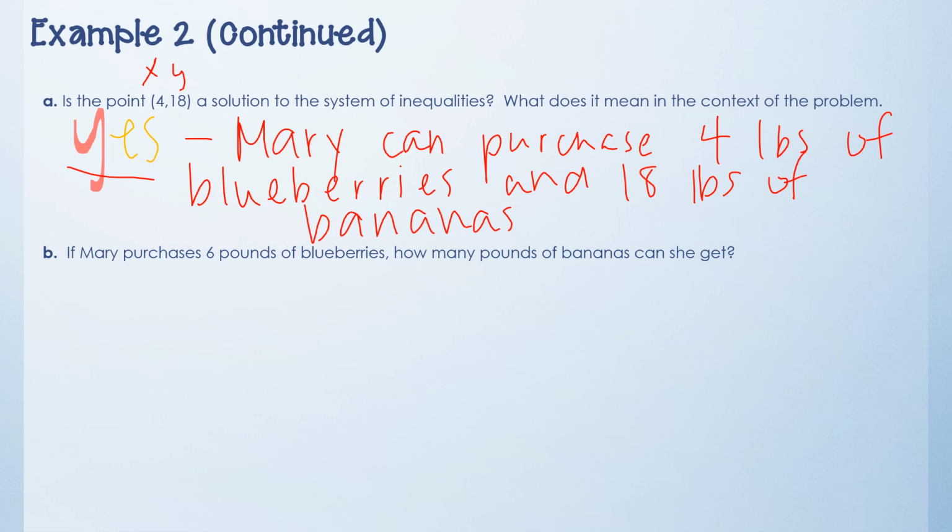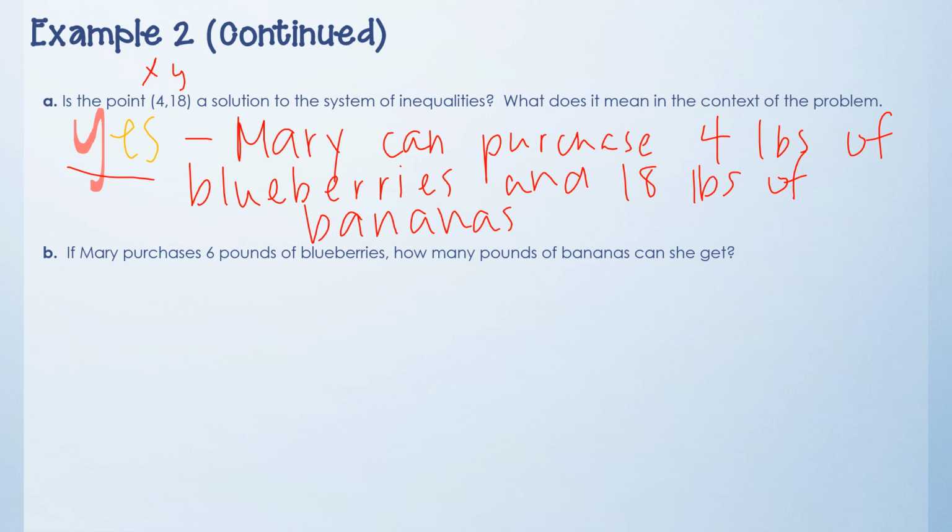So if Mary purchases 6 pounds of blueberries, how many pounds of bananas can she get? So you have choices here. You can go on your graph to 6 pounds of blueberries, so on the x-axis, and just look to see what are my different options for how many pounds of bananas she can get, okay?